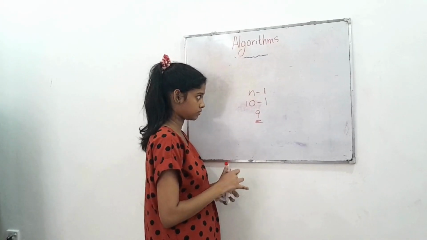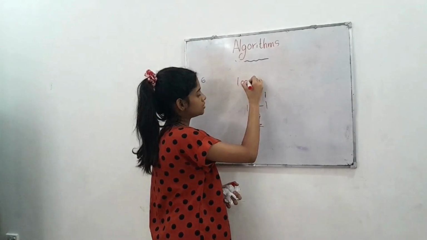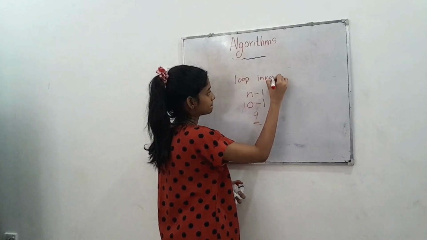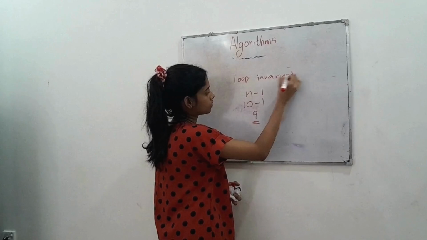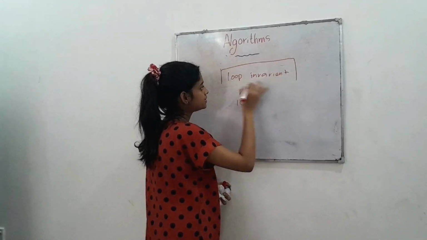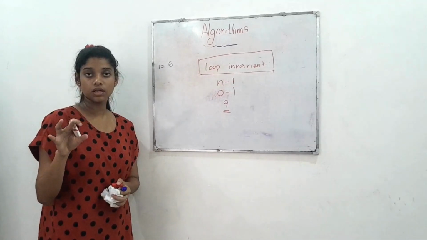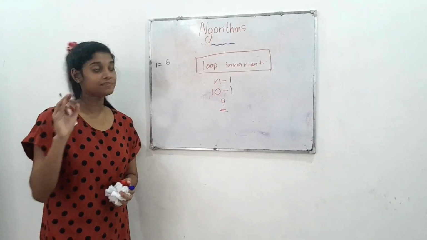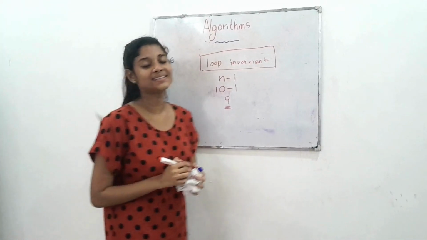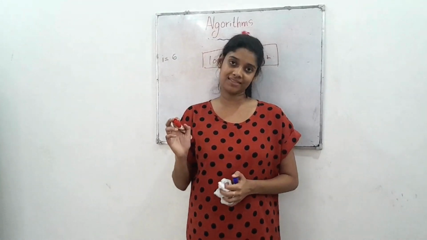So loop invariant: yes, this is the golden point which should be in your mind. Please remember these things, and that's all for today with bubble sort.